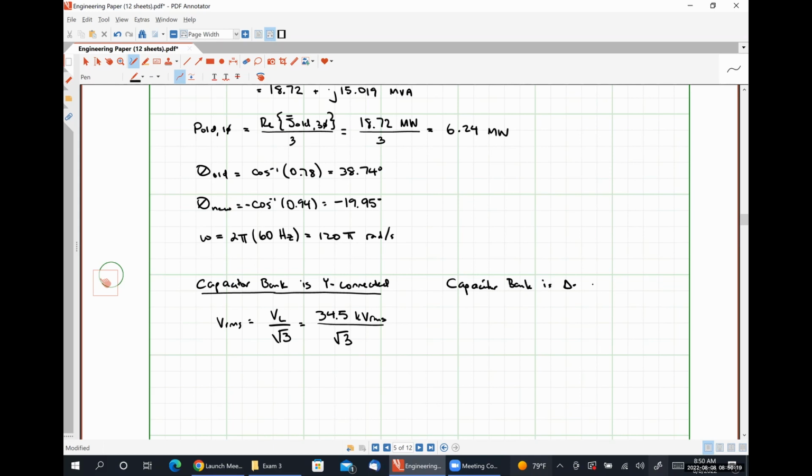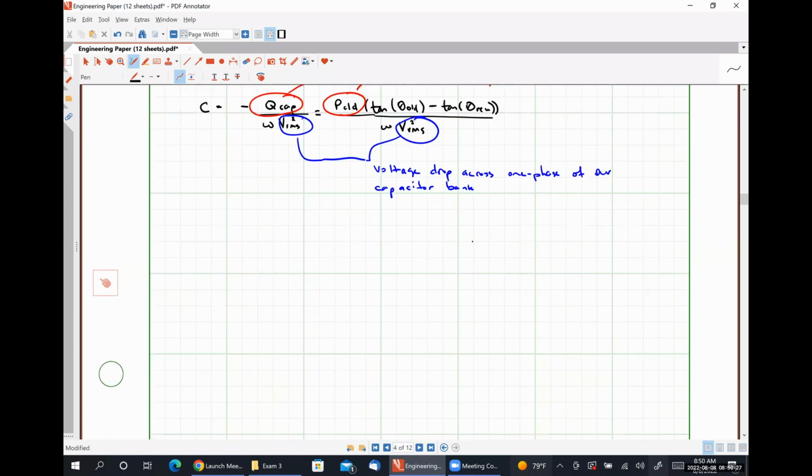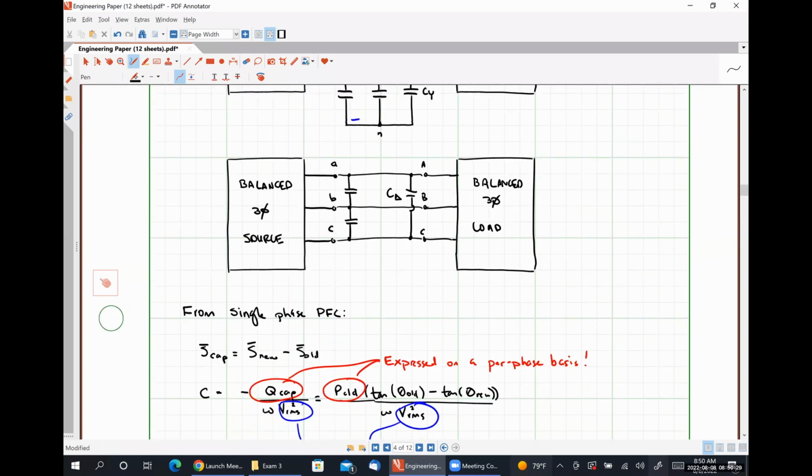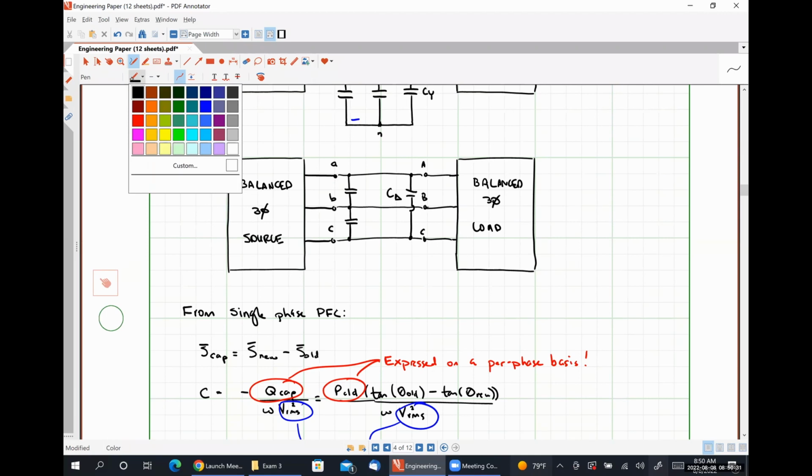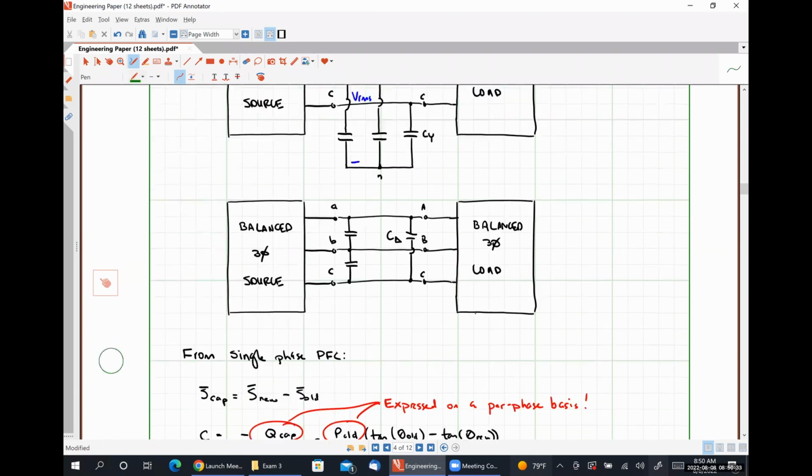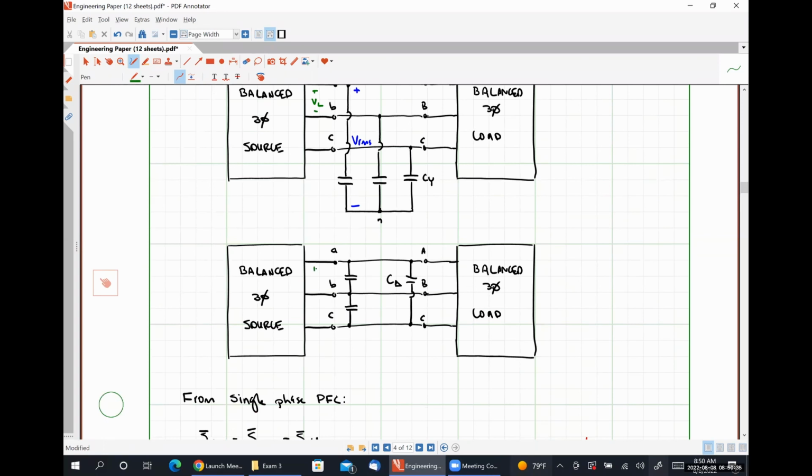If instead our capacitor bank is delta connected, scroll back up here and look, we are given the magnitude of our line voltage, and it is literally identical to the VRMS that we're looking for.